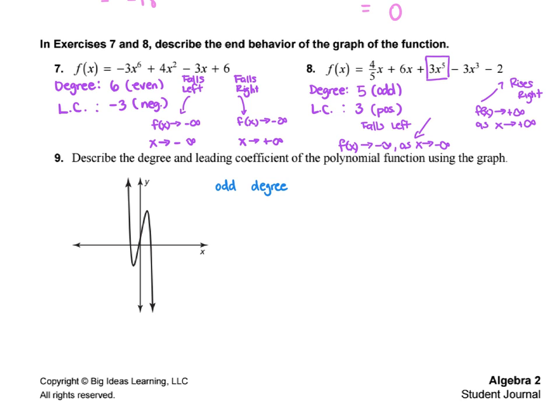So this has to be a negative leading coefficient. Because it's rising left and falling right. Okay, that only happens when you have a negative leading coefficient. All right, let's go ahead and move on to the next page.